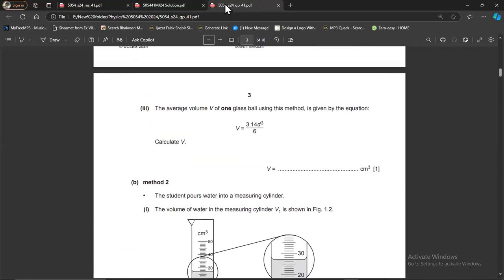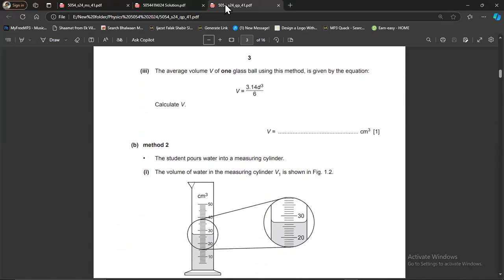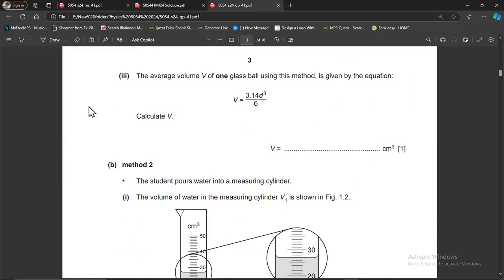This is the third part. He says the average volume V of one glass ball using this method is given by the equation 3.14 D cubed divided by 6.